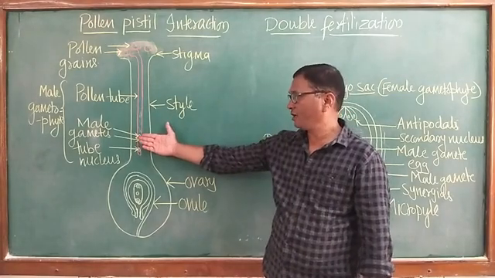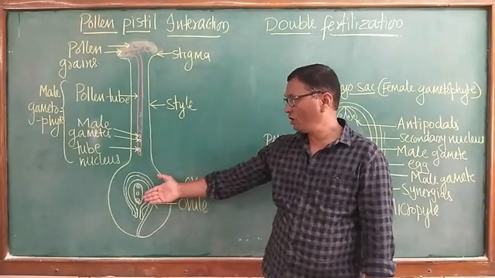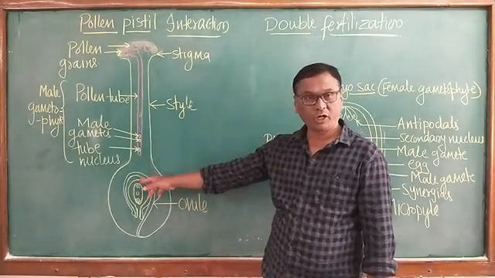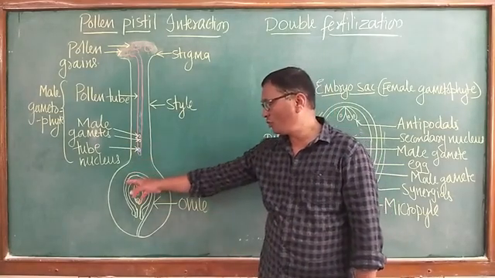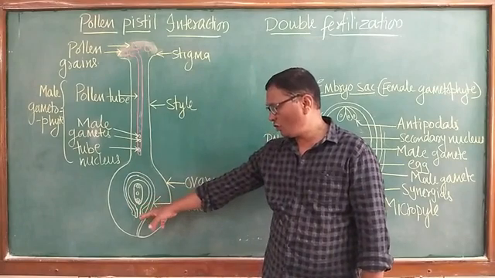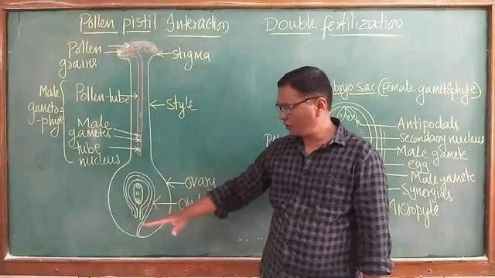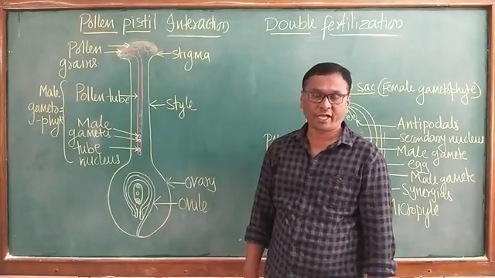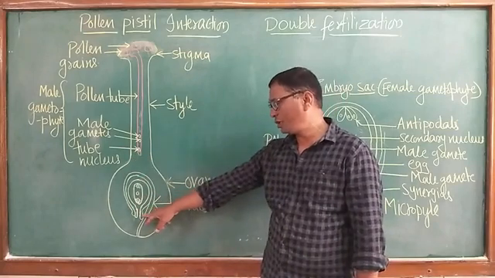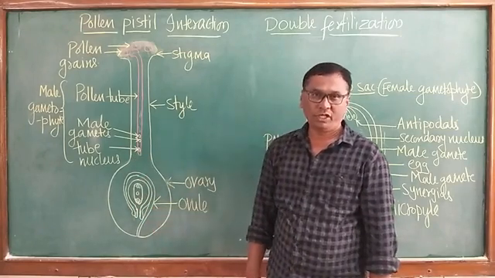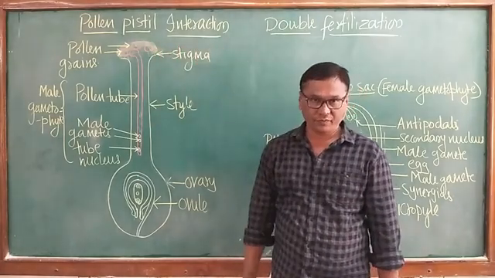This content is taken towards the ovule by the developing pollen tube, and thus the pollen tube reaches the ovule and the further process of fertilization is carried out. Until the pollen tube reaches the ovule is studied as pollen-pistil interaction.